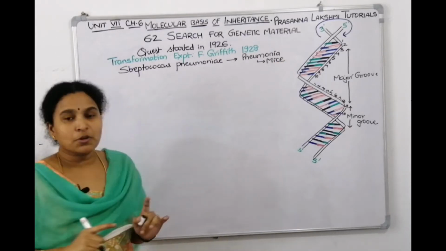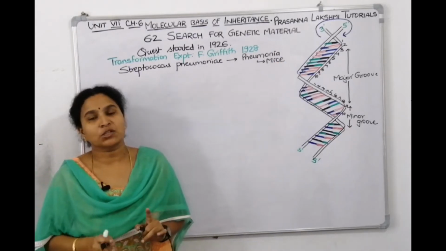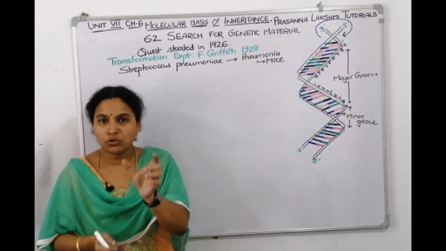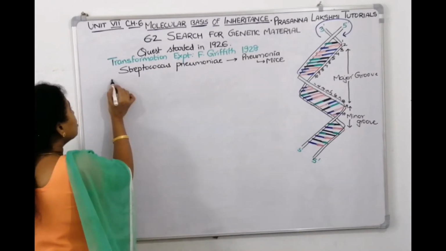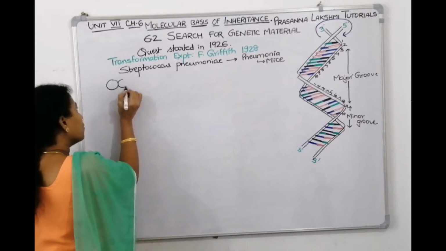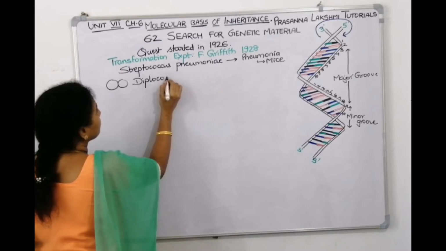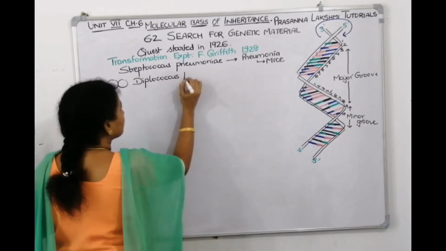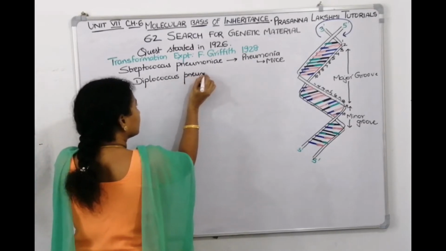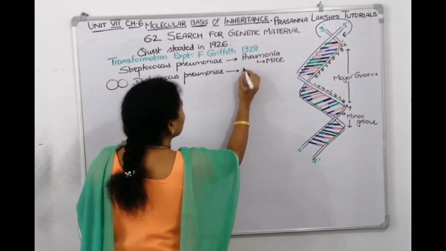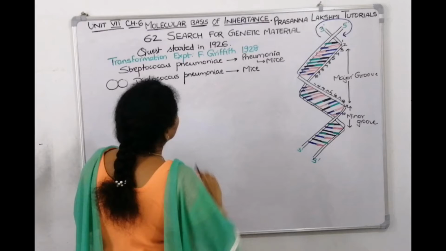This Streptococcus pneumoniae has two strains, one smooth and the other rough. It is also called Diplococcus pneumoniae because two will be there together. Diplococcus pneumoniae causes pneumonia in mice, and it will kill the mice.